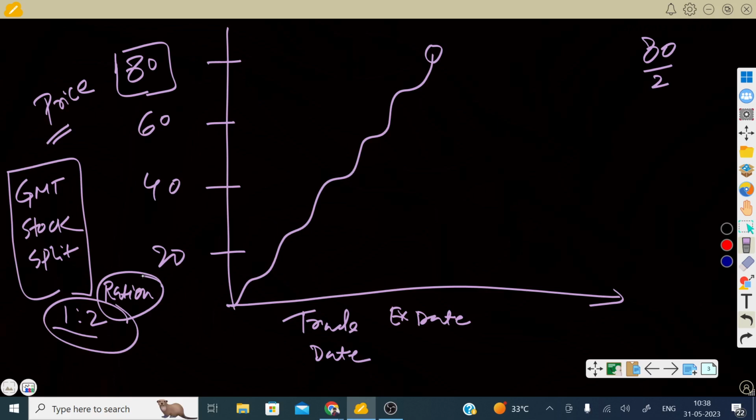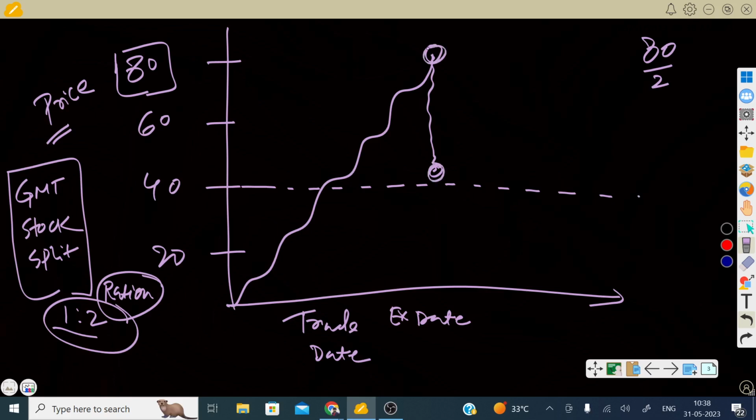Go and check the market chart, the price will drop straight away and reach this. That means the stock exchange adjusted the price of the stock in the market, and automatically the price will be considered from this point, not this point.